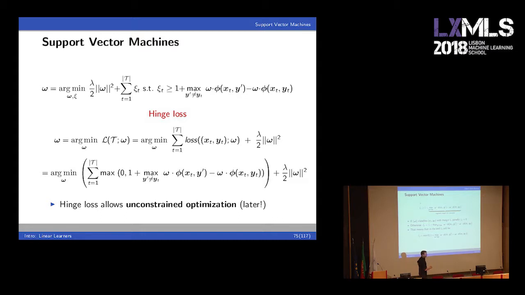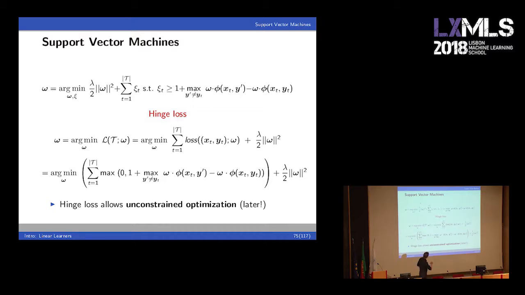It's 0 if we don't make an error, and it's this term if we make an error. So our objective basically is what we have down here. The xi is just replaced by this term.